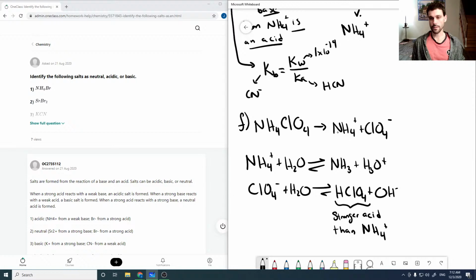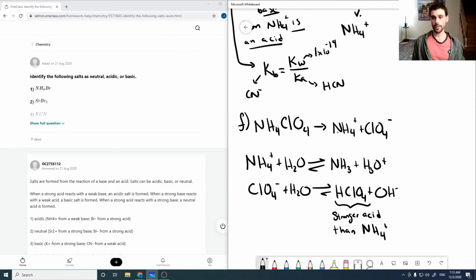The reason we can say that is because although NH4 plus has a positive charge, this guy is bound to a large amount of electronegative atoms.